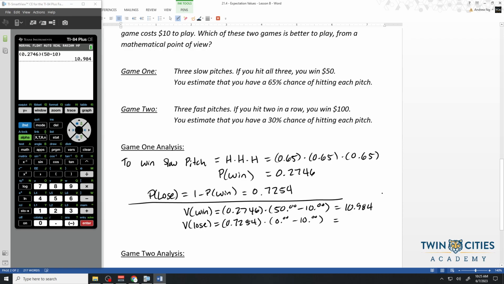Now the value of lose is going to be 0.7254 times the outcome, which would be $0, minus the $10 it still costs to play. All right, this is negative 7.254.